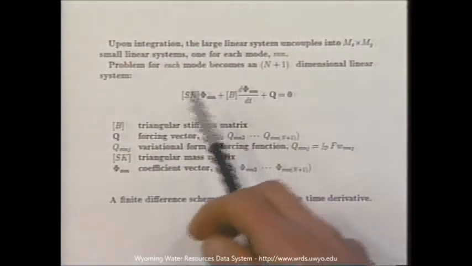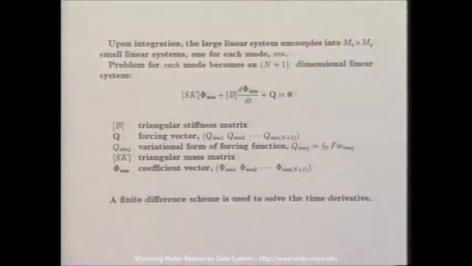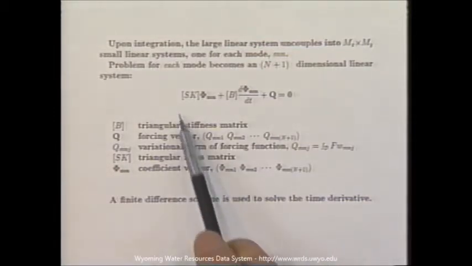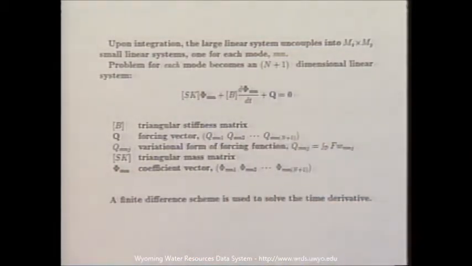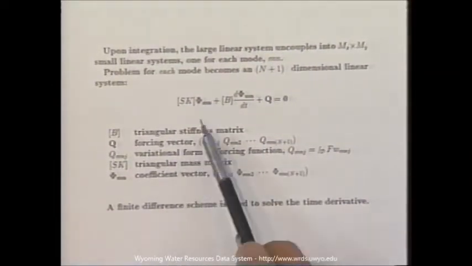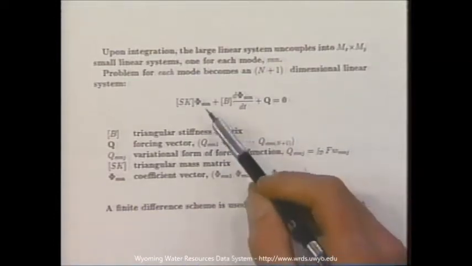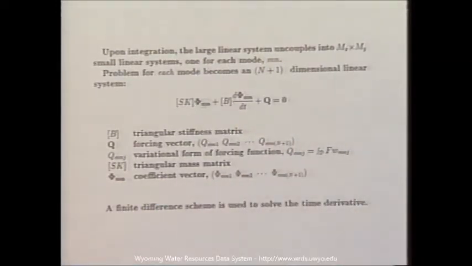In other words, for each mode, you will end up with its own little problem. The problem completely uncouples. So you end up with a nice small linear system of dimension n plus 1 for each mode. And when I say mode, I mean for each mn.